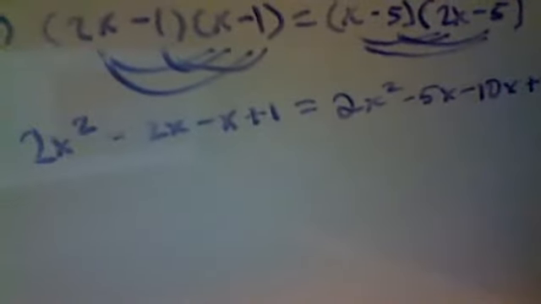So now that we've taken this problem and expanded these things, let's try clearing some things up. Start with the left-hand side of the equation. We have 2x squared minus 2x minus x plus 1.